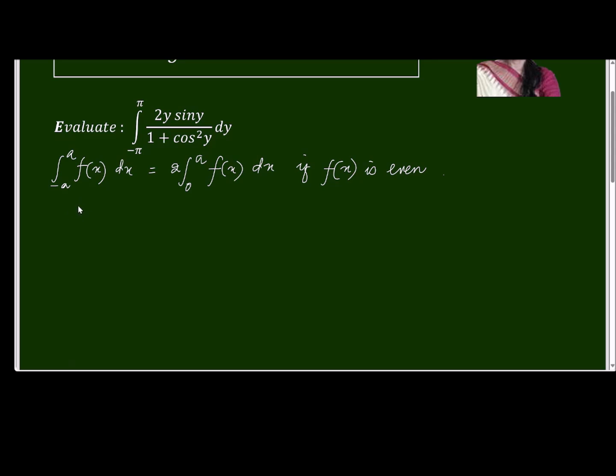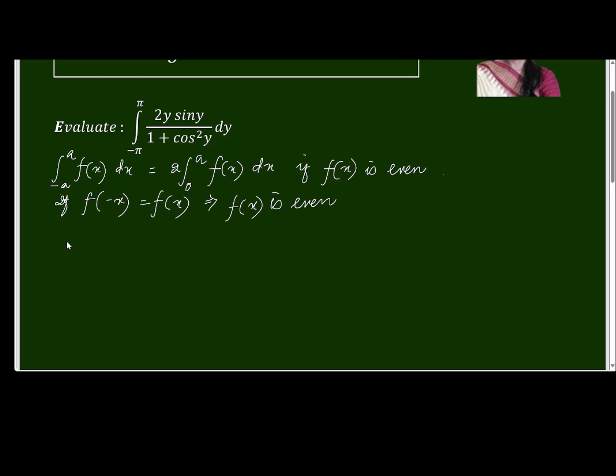So how do we know if it is even or odd? If f of negative x is the same as f of x, then it is an even function. And if f of negative x is the same as negative f of x, then it is an odd function.